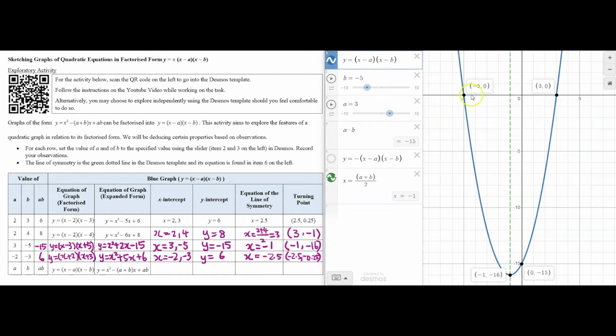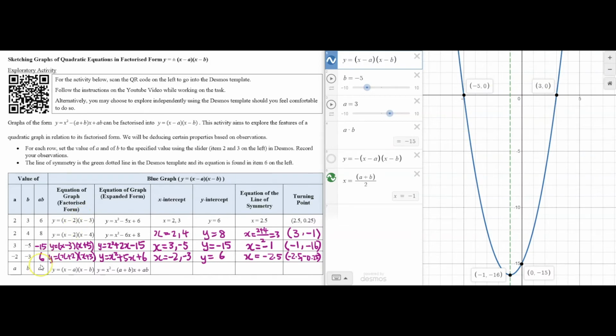Again, notice that the x-intercept always has y equals 0, and the y-intercept always has x equals 0. Then we have the line of symmetry, which is x equals -1, and this is halfway between -5 and 3. Again, all these observations seem to be consistent.